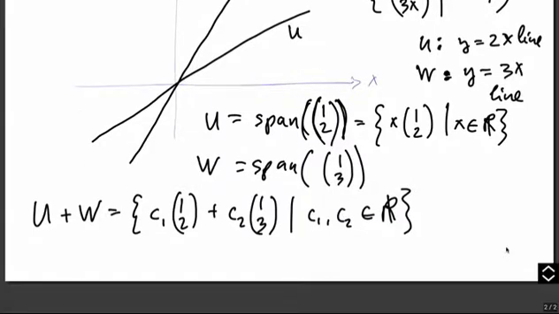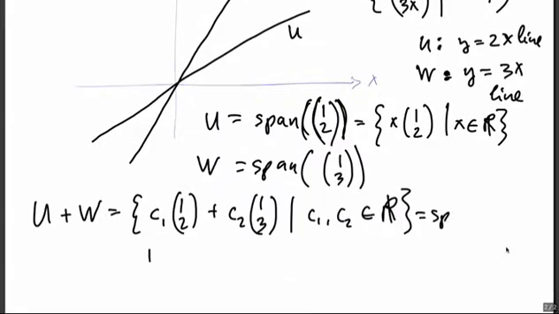Then note that this is the same as the span of the list of vectors (1, 2) and (1, 3).